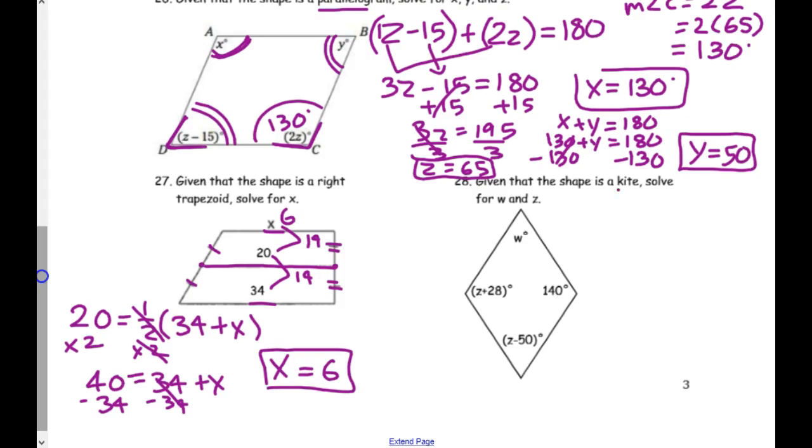Alright, kites are easy to confuse over here on number 28. Given that the shape is a kite, solve for W and Z. The only thing you know in a kite is that these side angles are congruent. So let's set those equal. Z plus 28 equals 140. Get rid of that loner. Okay, 112.